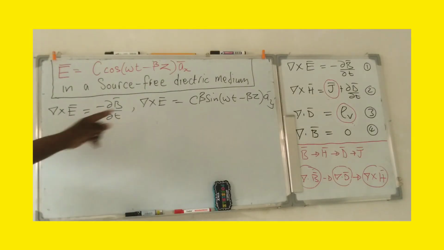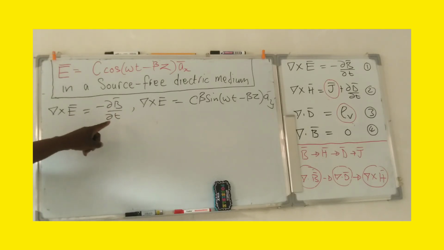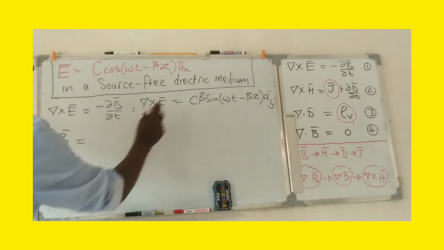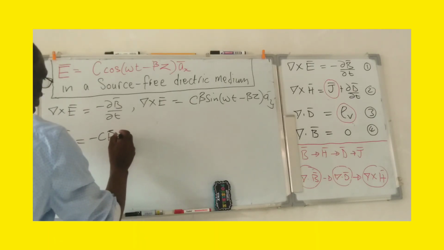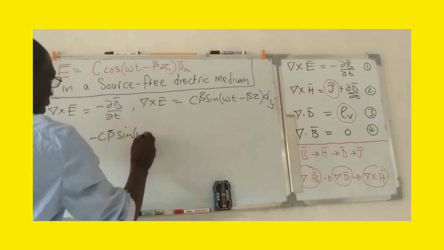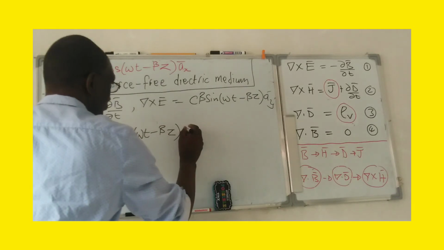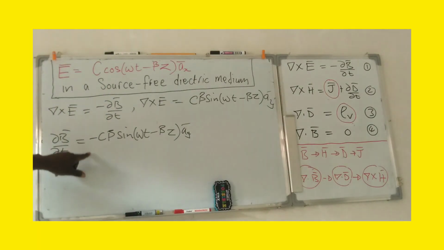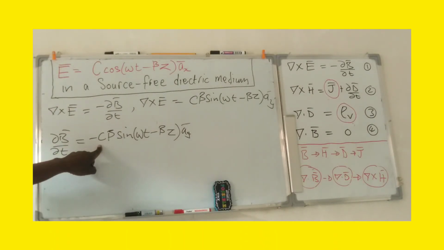Now this is curl of E, but curl of E is equal to minus partial B, partial t. Therefore we can write partial B, partial t is equal to minus that, which is minus C beta sine of omega t minus beta z along the y direction. This is minus because this was positive and this is negative, so we took the negative sign to the other side.